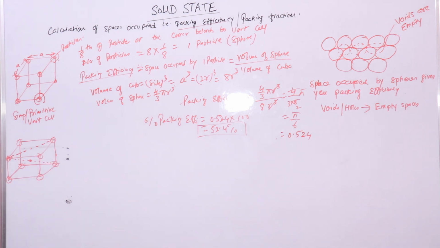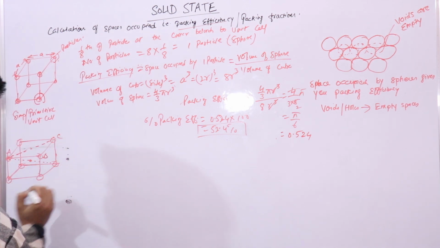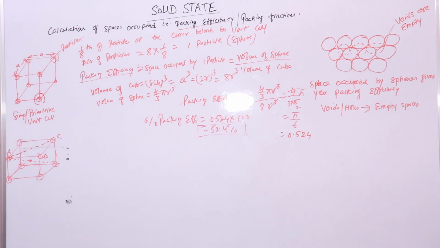Now this is your A, this is your B, this is your C, right? Now here, say this is D.